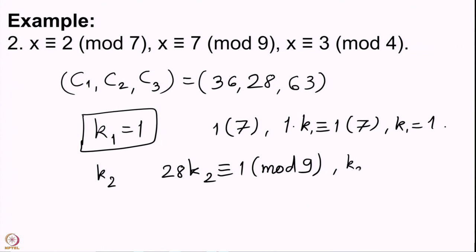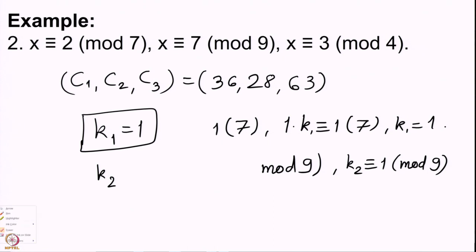So, this gives me K2 congruent to 1 mod 9, and therefore, K2 is 1. So, we get K2 also to be equal to 1.